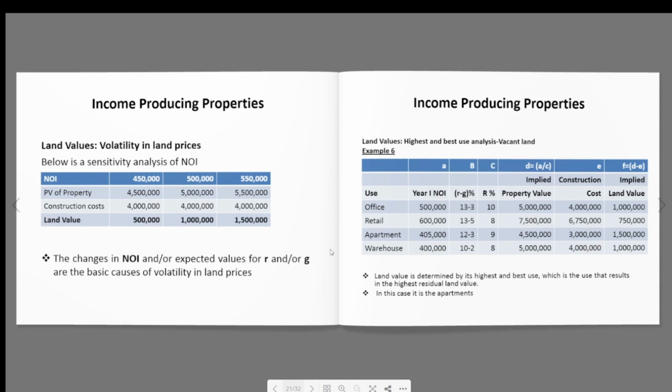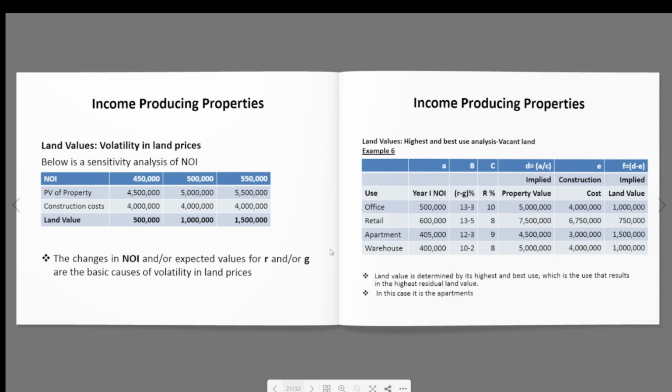In the first example, for an investment with a net operating income of 450,000, assuming all other factors constant, that our internal rate of return is 13% and our growth rate is 3%, we find that the present value of the property is 4.5 million. For the same property, if the net operating income was 500,000, we found that the present value was 5 million. And in the event that it's 550,000, the present value is 5.5.